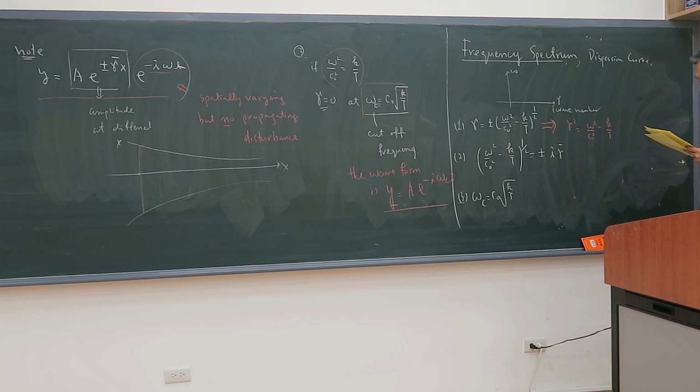This you can reform to become omega square over k c0 square over t minus gamma square over k over t equal to 1.